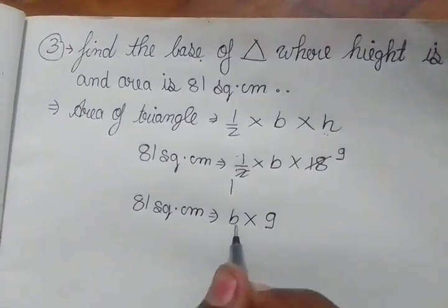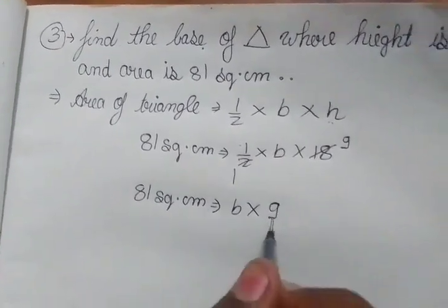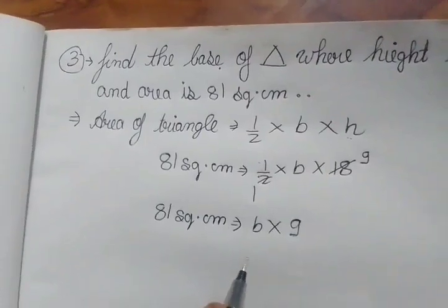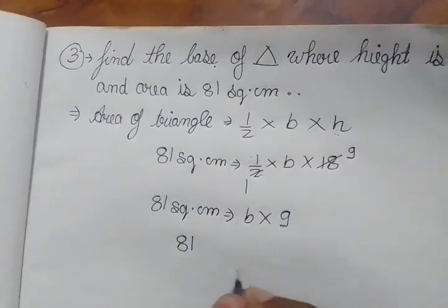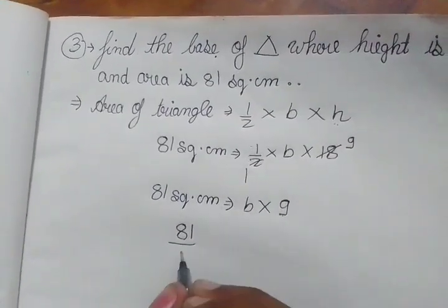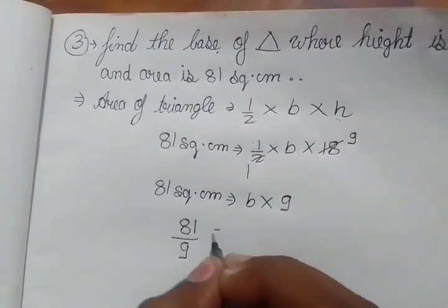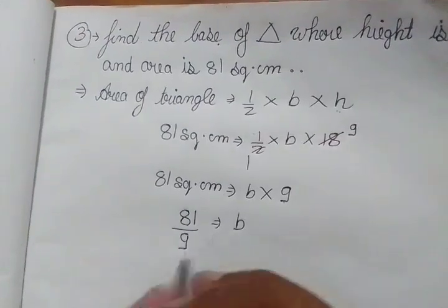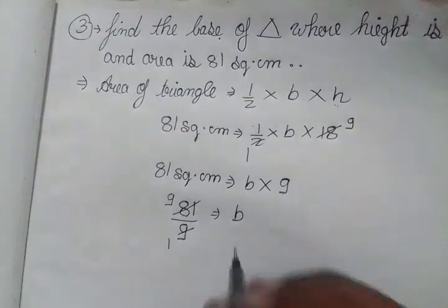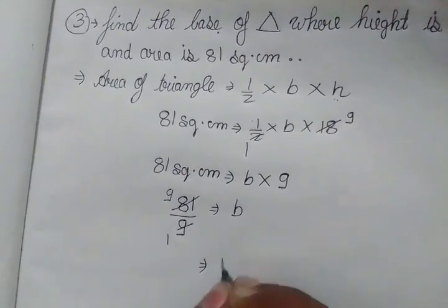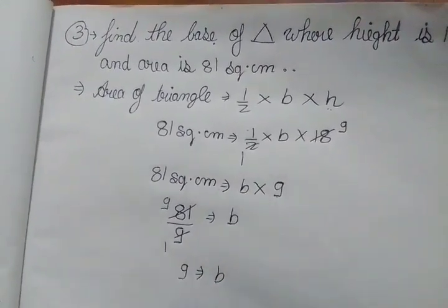So now this is in multiplication, so the number will come here and will convert into division. So here 81 and 9 will come here, so it will convert into division. Equal, b is there only. So 9 1s are 9 and 9 9s are 81. So the base is what? 9.